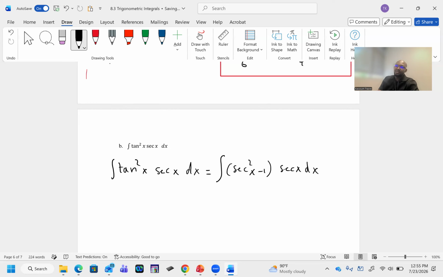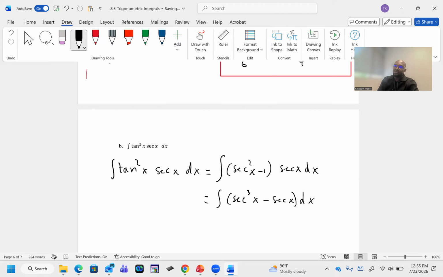If I distribute this, it gives me secant to the power of 3x minus secant x dx. We already know how to find the antiderivative of secant square, but what about secant cube?